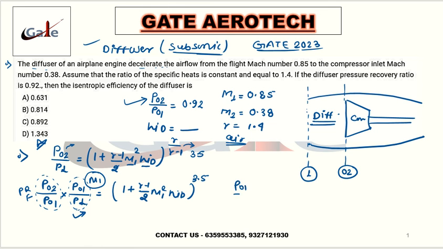I know this formula to be 1 plus, again the isentropic relation for the diffuser, gamma minus 1 over 2 times M1 squared, raised to gamma divided by gamma minus 1. You can simply calculate this value because M1 is already given, which is 0.85, your inlet Mach number, and gamma they have given as 1.4. You can simply solve this P01 by P1.